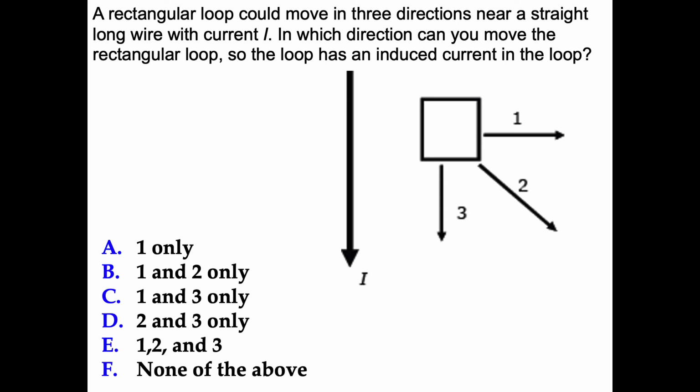In fact, if you want to use V cross B, what you'll find is that you're going to have a V cross B in the bottom part of the rectangle and the same V cross B in the top part of the rectangle. And so even though you're going to have an EMF in the bottom part and the top part, there won't be any charge flowing because they're going to counteract each other. So the answer is B. The answer to this one is B.